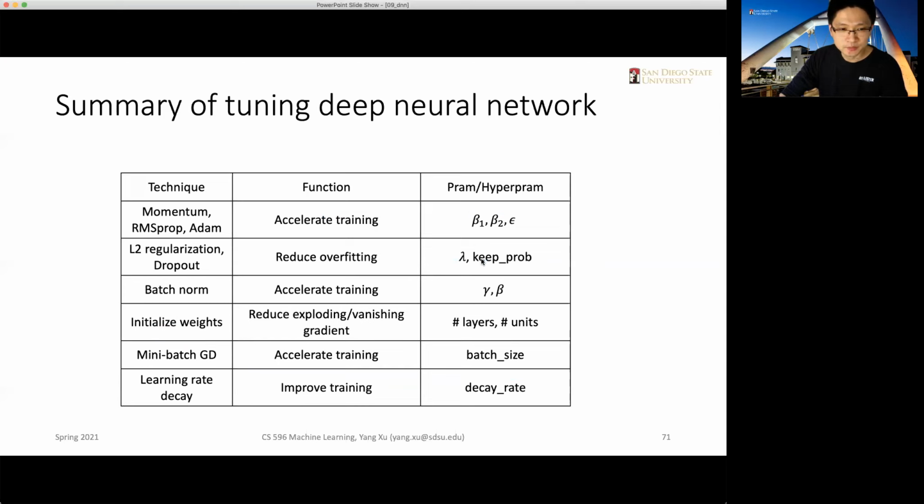These parameters and hyperparameters are something we rely on a lot nowadays to make a model trainable, with stable and reliable performance on testing sets. Okay, so that's pretty much it for the deep neural network chapter, and I'd like to take any questions if you have any.